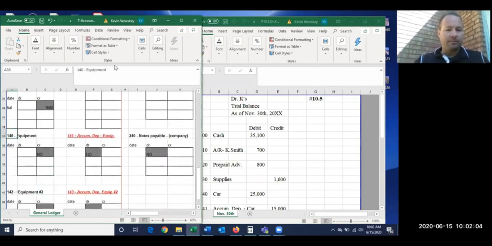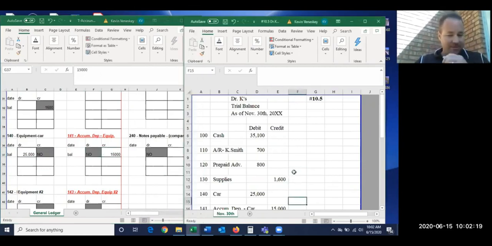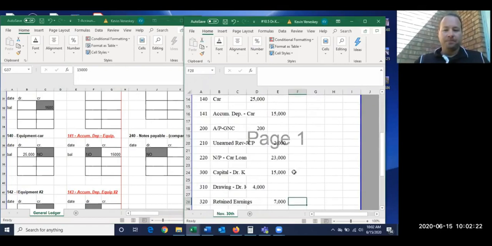For our equipment, we'll put car. Our balance is $25,000. Then for accumulated depreciation, it says for the car we already have $15,000 starting.